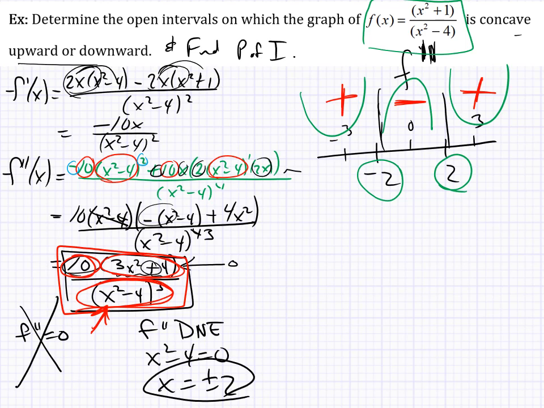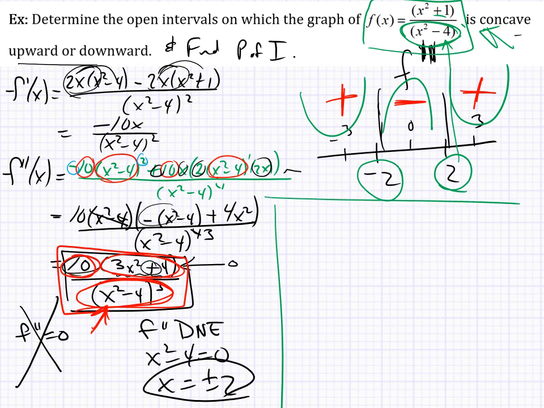But look, if I try to plug -2 or +2 into this original function, I'd have a problem with the denominator being 0. So these are not points of inflection. In fact, if you look closely, they're vertical asymptotes on this original function.